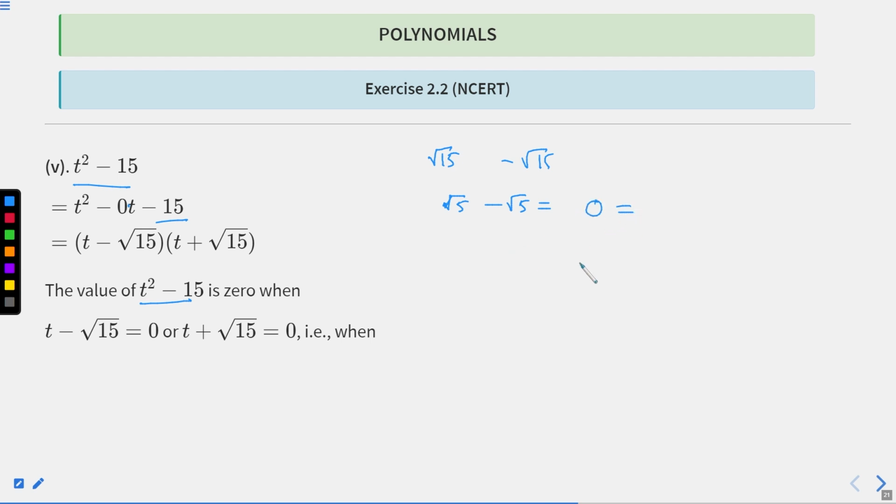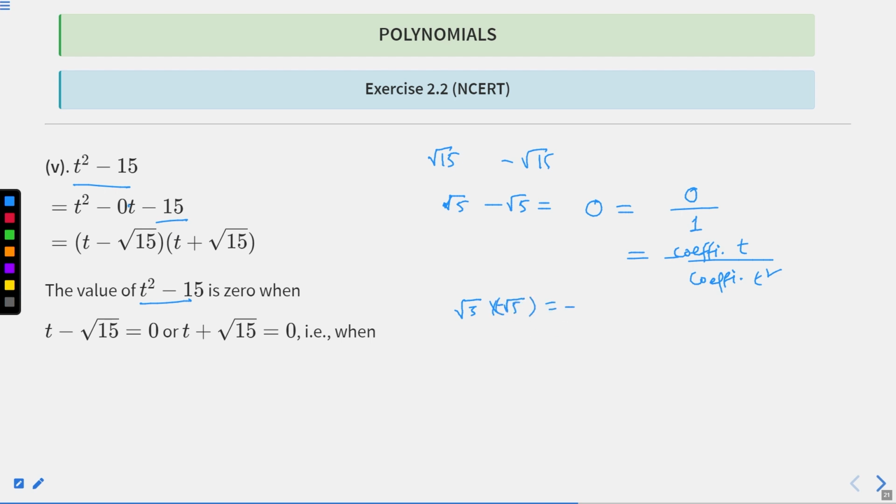Okay, and you can write this as 0 upon 1, and this is basically equal to minus of coefficient of t divided by coefficient of t square. Okay, so verified. So now product of its zeros, that is root 15 into minus root 15.